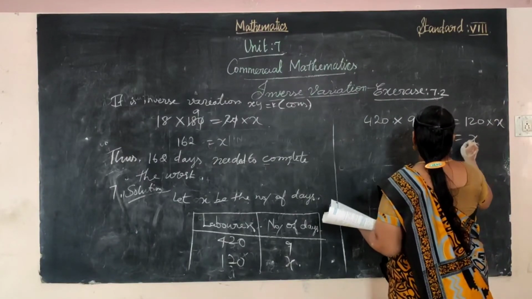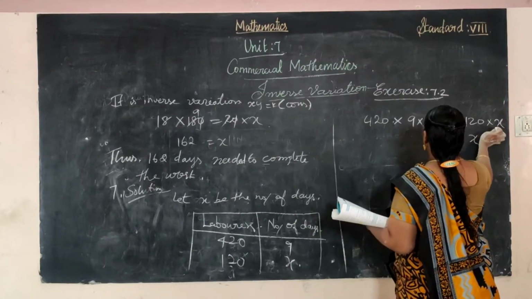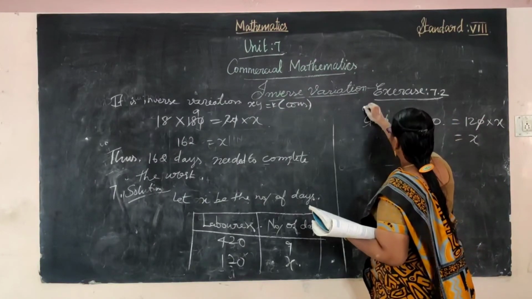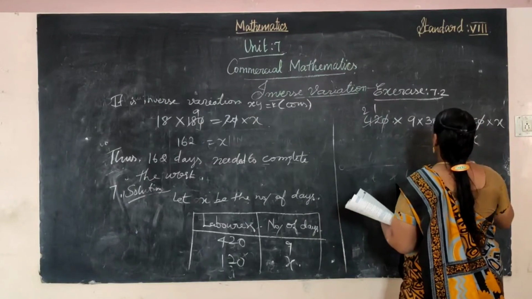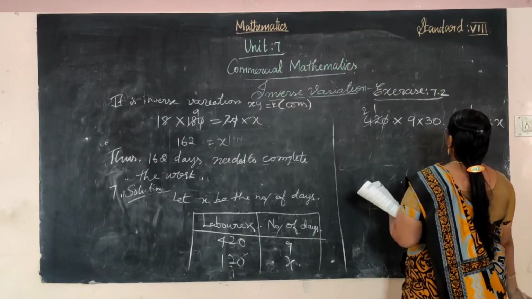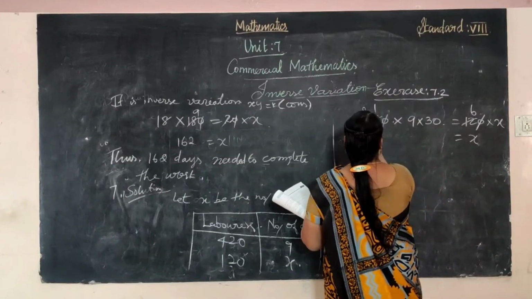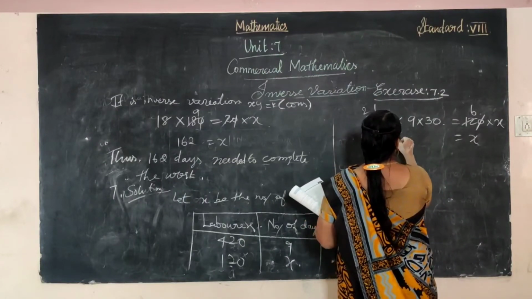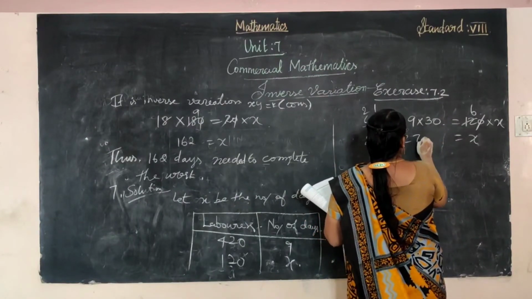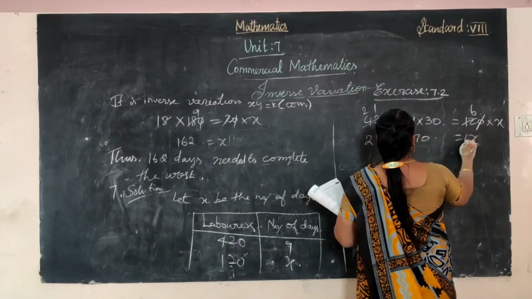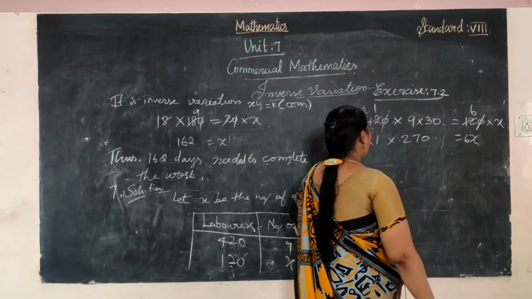So x, it cancels by 12: 12 1s are 12, 12 2s are 24... now 21 into 6x.